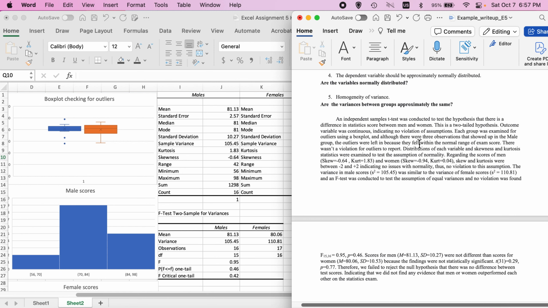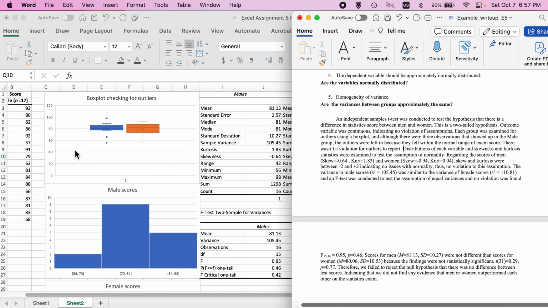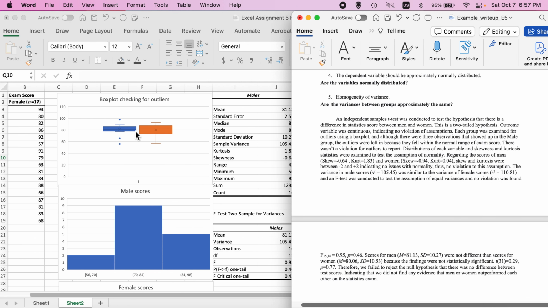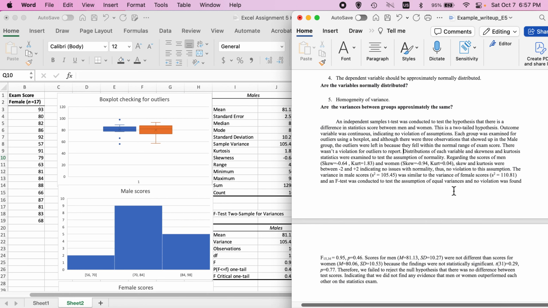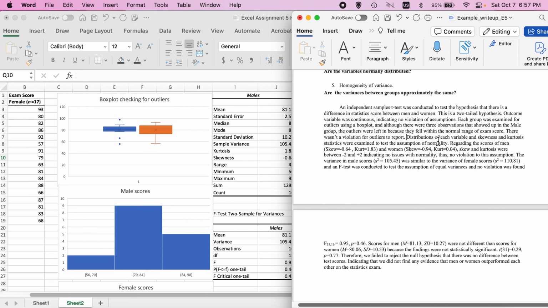Something like that's fine. It depends on what you want to write here. For me, I would say that this isn't a violation because I do know that if it was larger, it would encompass more information here. So I'd say there's not a violation. If you put that there's a violation, if there's outliers indicated here, I would be fine with it. You just have to have good reasoning here.